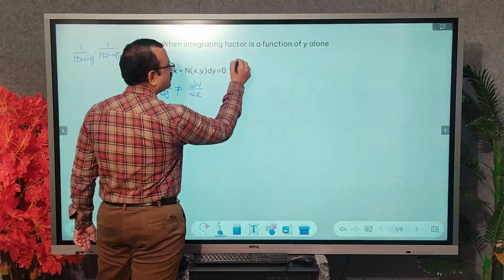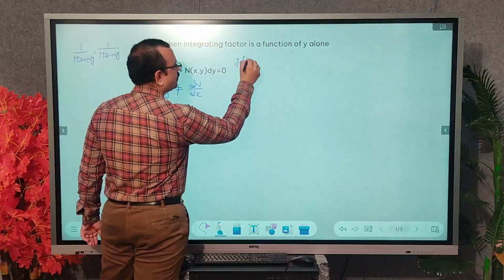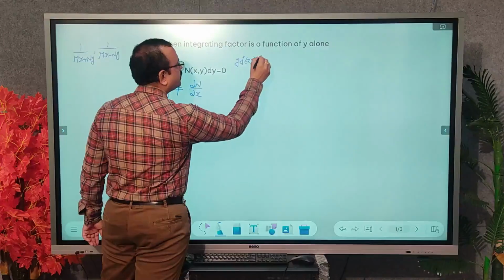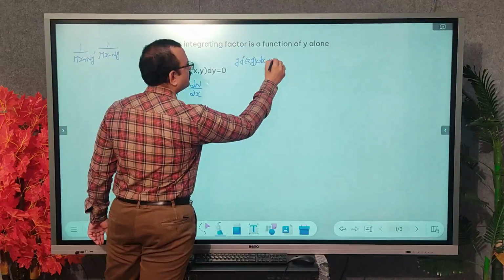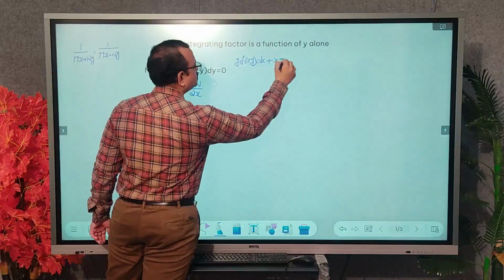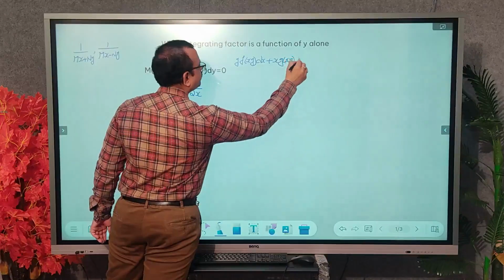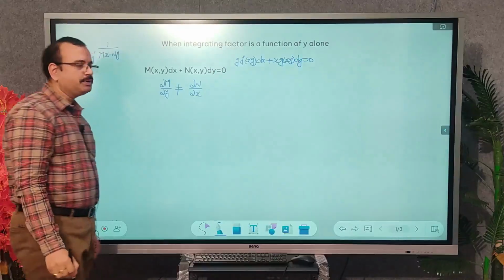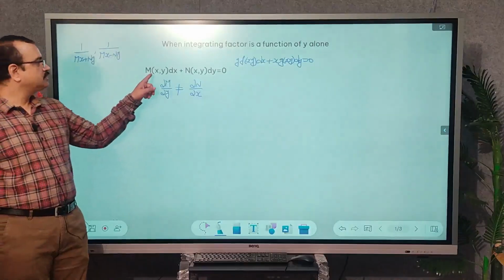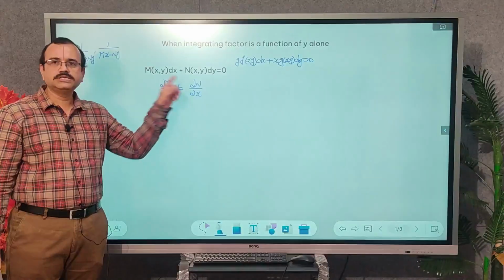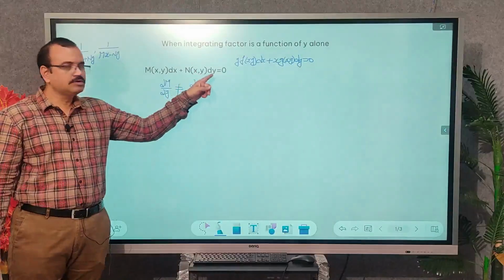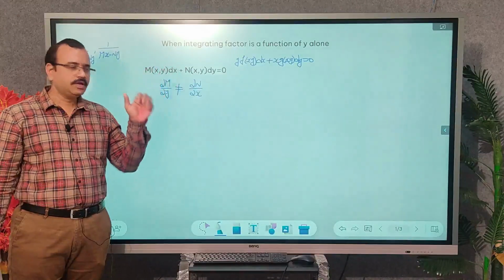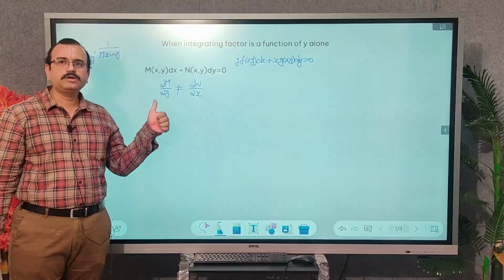Case 2 that we have discussed is y into f of xy dx plus x into g of xy dy is equal to 0. Once again I repeat, this differential equation m dx plus n dy is equal to 0 is not an exact DE, that is the first point.